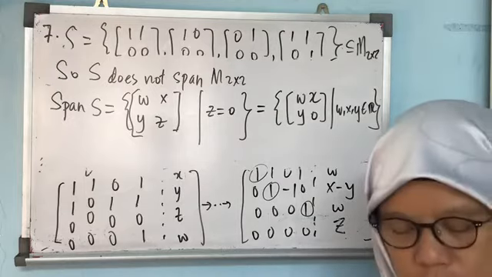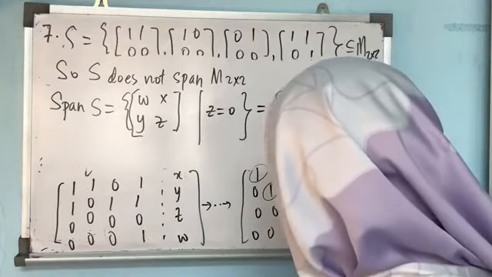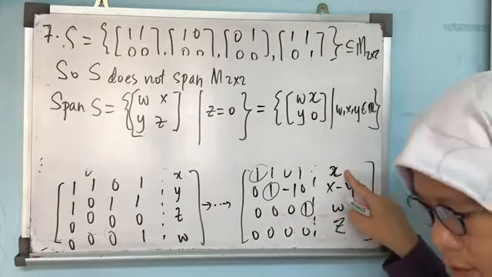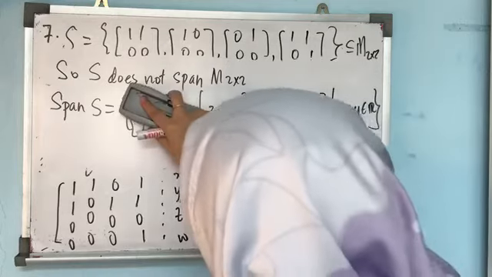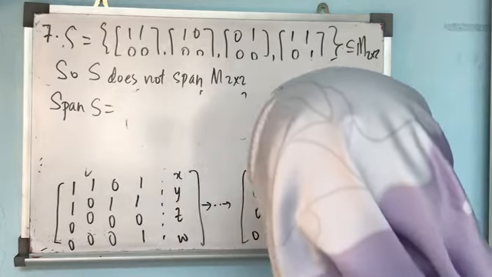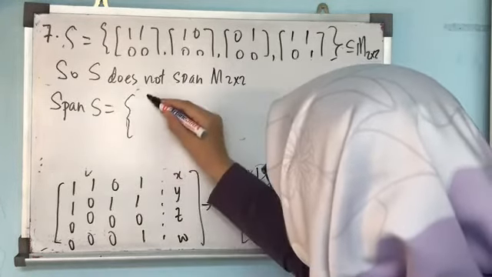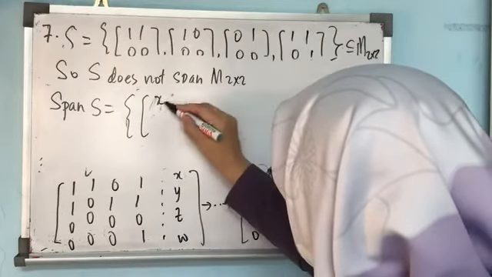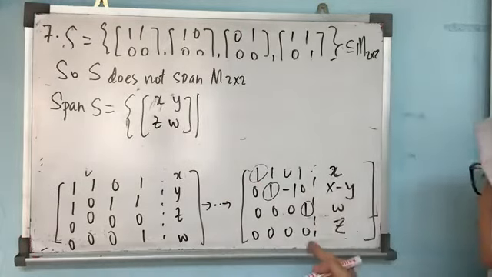Let me just follow the book so you don't get confused. X minus Y, W and Z. Okay, I changed this. Following this, X, Y, Z, W. Okay, Z is 0.